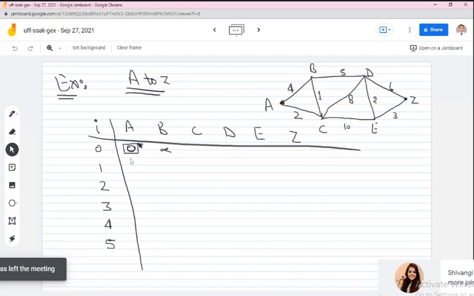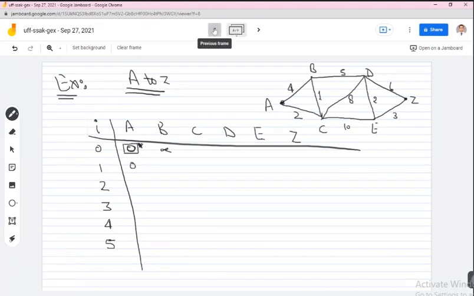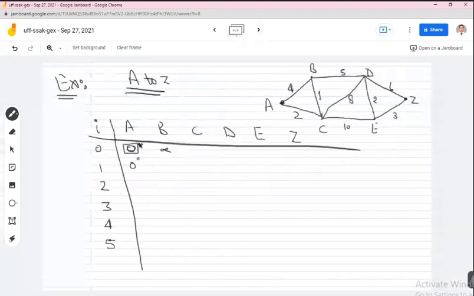So here, have I already taken this one or not? Okay. I will take the permanent label on this one.